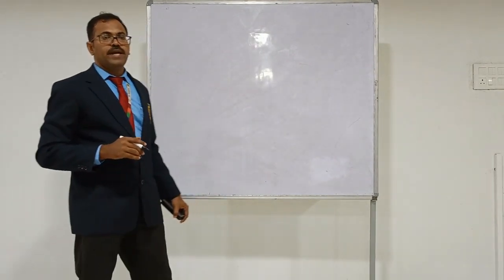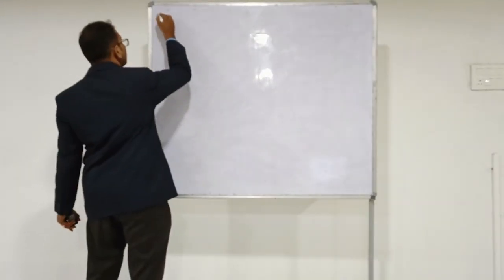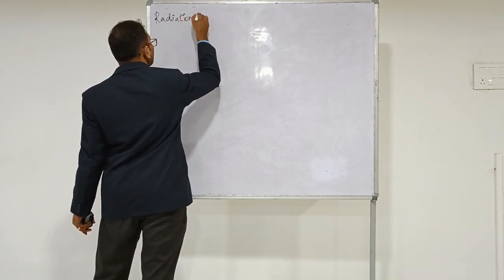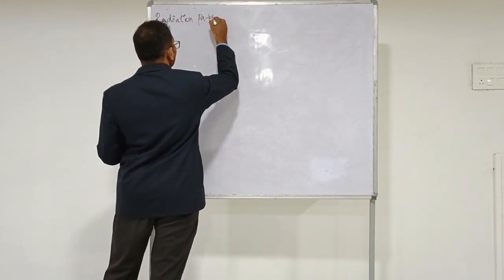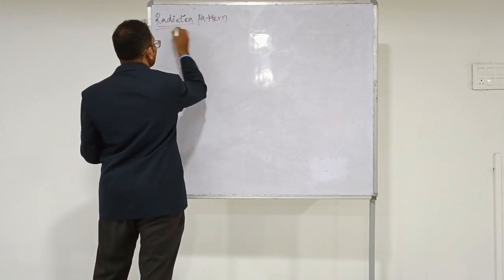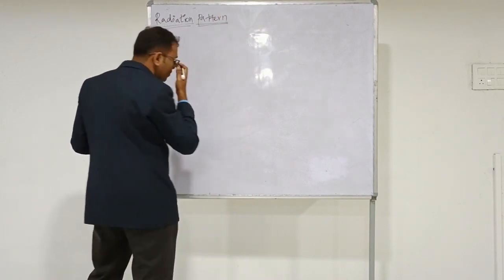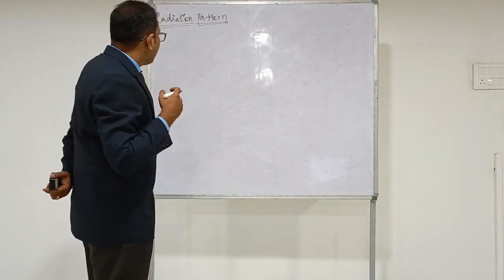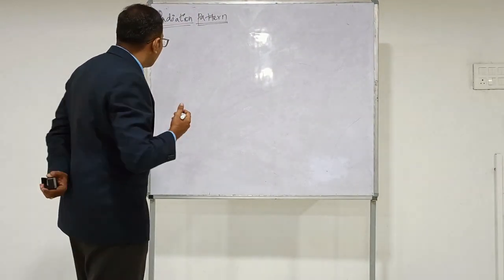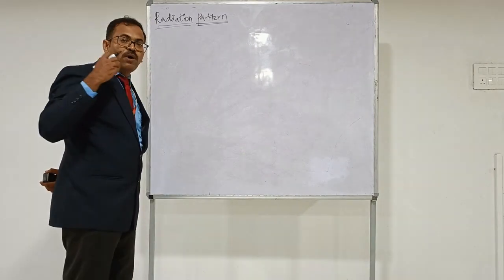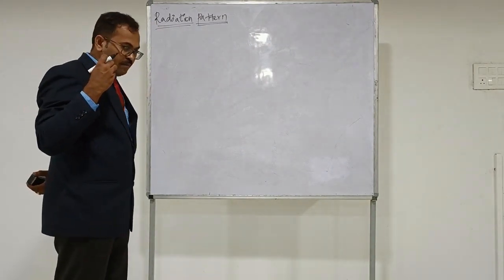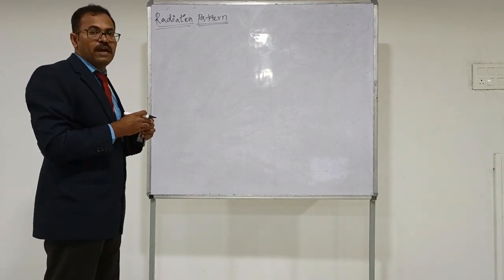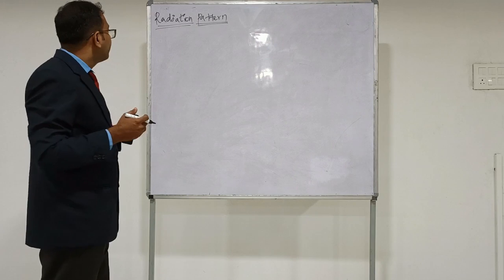Right. Radiation pattern. So how can I define radiation pattern, right? So if you want to know what is the behavior of an antenna, right? So you can represent behavior of an antenna mathematically or graphically, right?